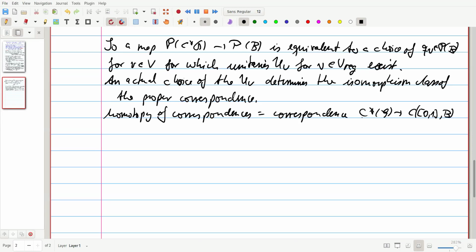But you're allowed to change the unitaries UV up to homotopy. The classes of these QV stay constant.